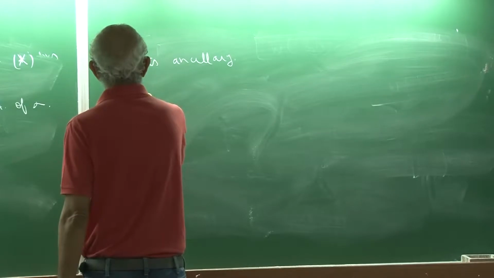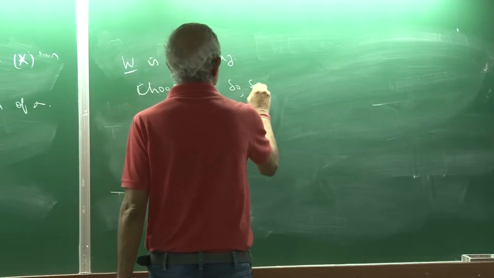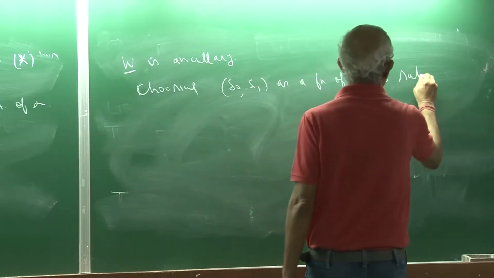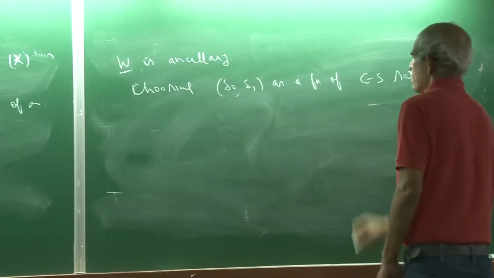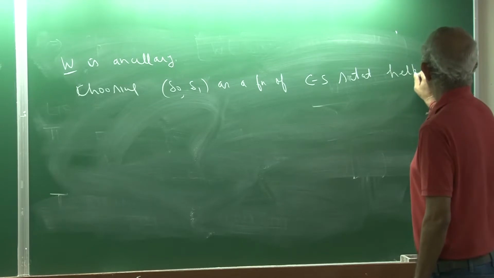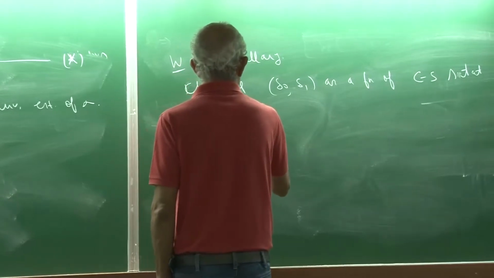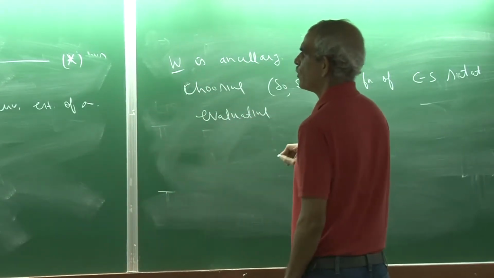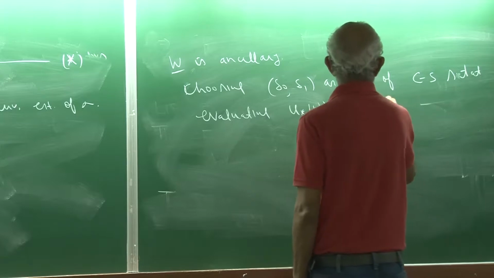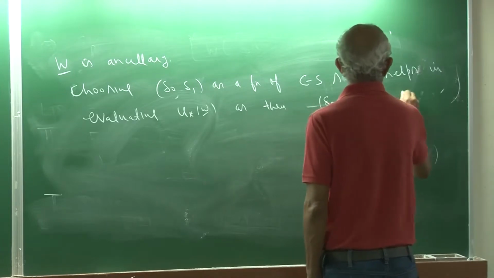So choosing delta naught, delta 1 as functions of a complete sufficient statistic helps in evaluating u star, as then delta naught, delta 1 and W are independent.